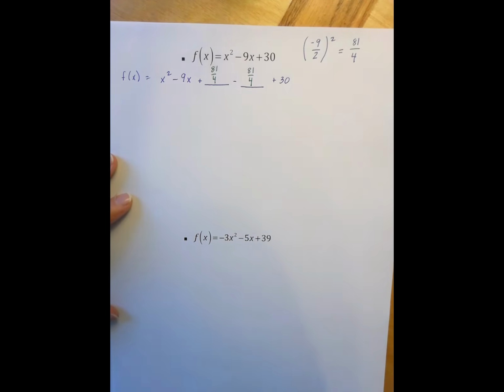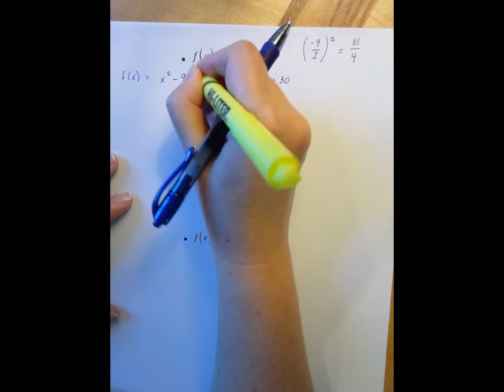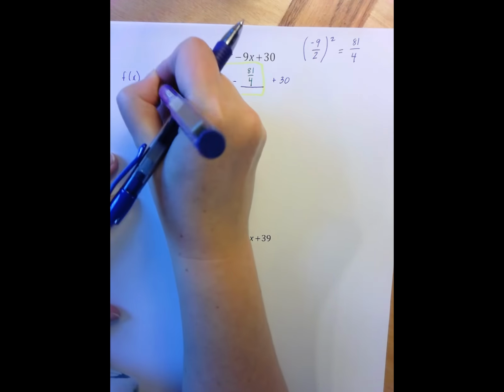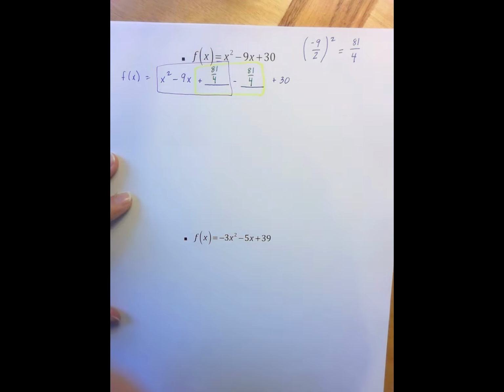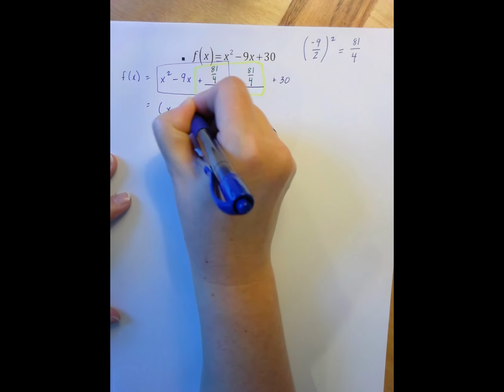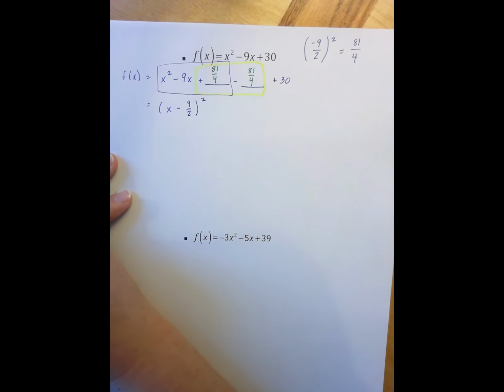I can now write, so remember, there's my 0. Here's my perfect square trinomial. That's going to give me (x − 9/2)².